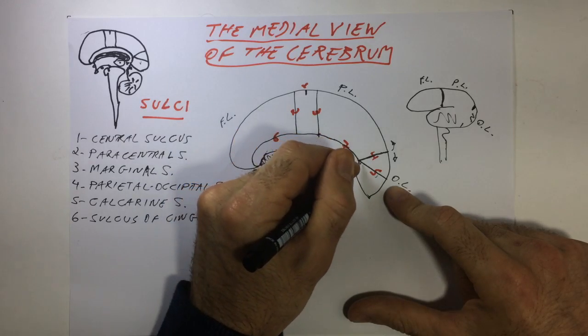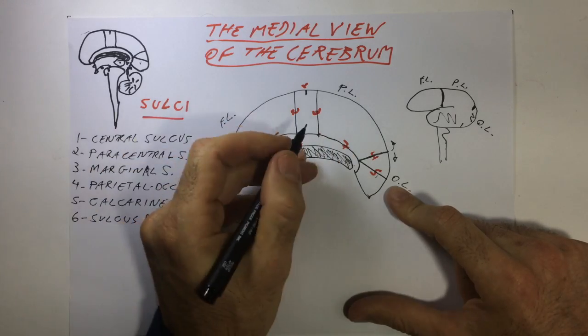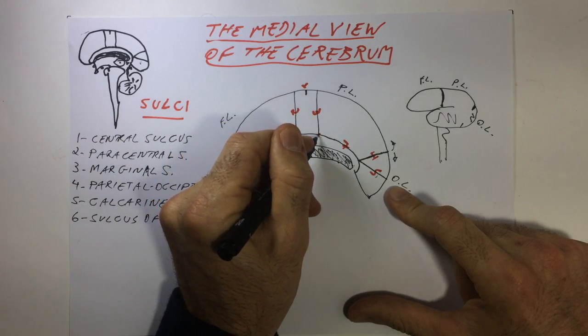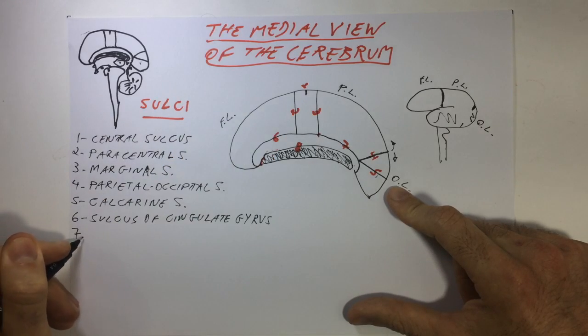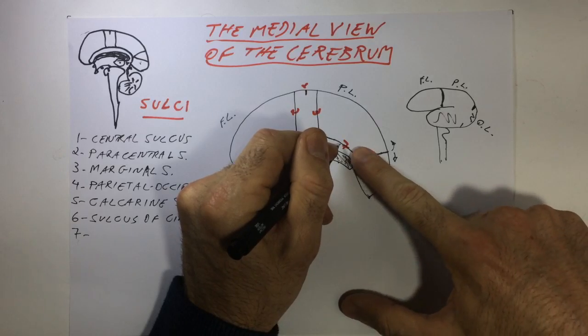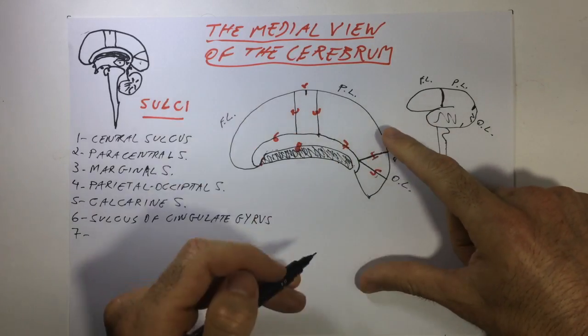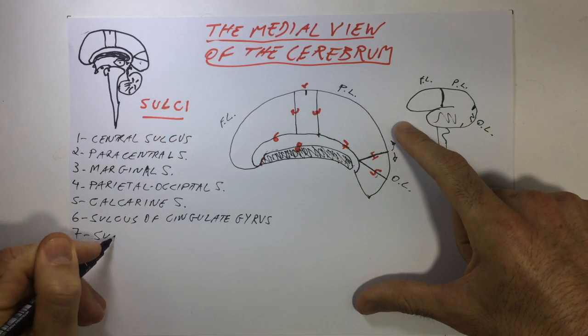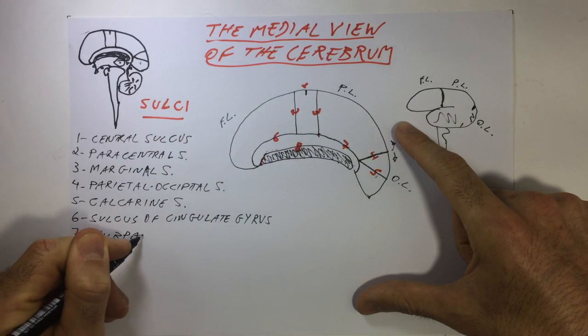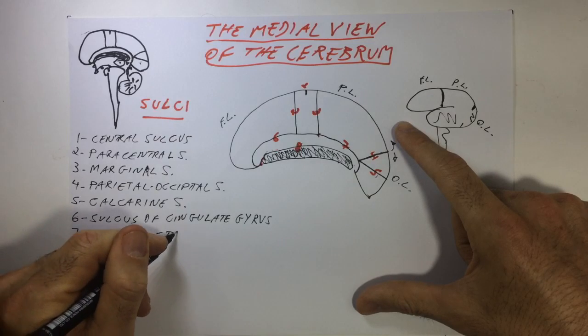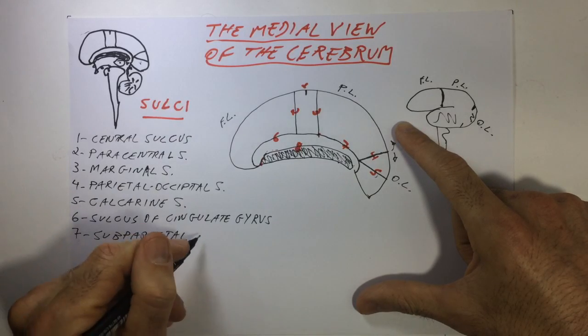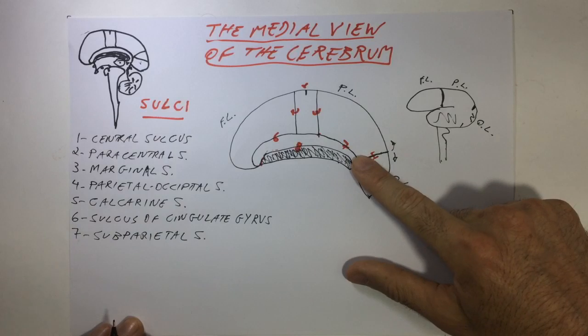And 7, that is actually a continuation of this previous one here, is called subparietal sulcus, because that's the parietal lobe, so subparietal. Subparietal sulcus.